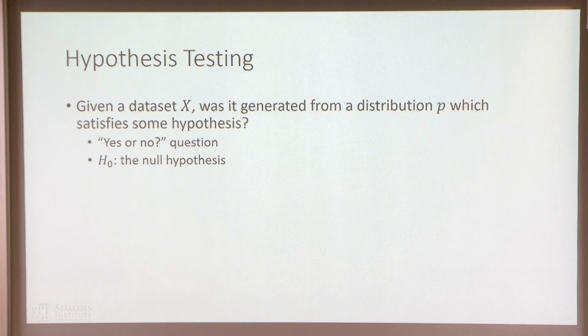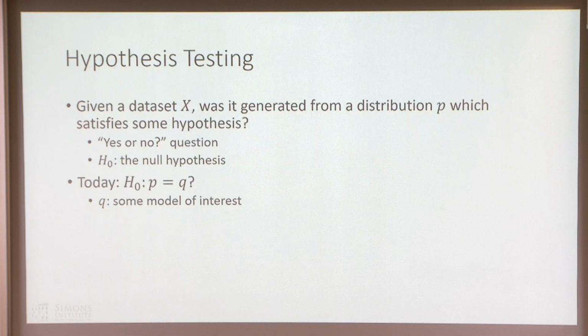We're going to be concerned in particular with testing H0, often called the null hypothesis. Today we're going to be concerned with the null hypothesis: is the unknown distribution P equal to some known distribution Q, which is the model of interest?